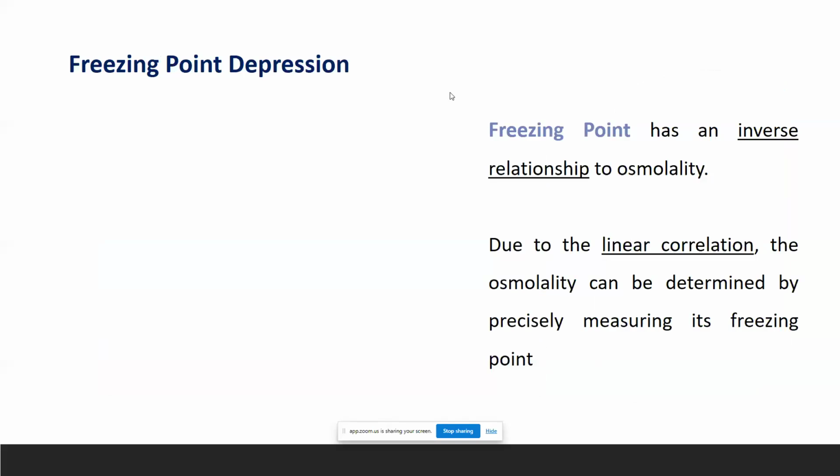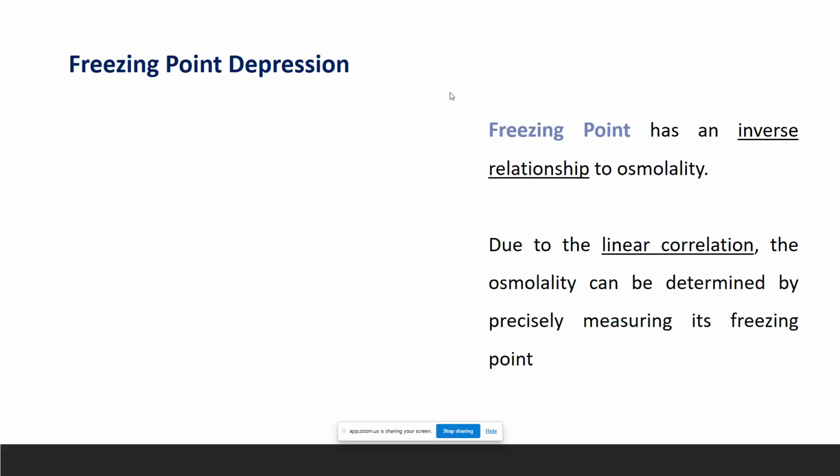Starting off with freezing point depression. These osmometers monitor how a sample's freezing point changes according to its solute concentration. The measurement principle is based on the colligative property of freezing point depression. If a solute is added to a liquid, this results in a decreased freezing point of the solution.